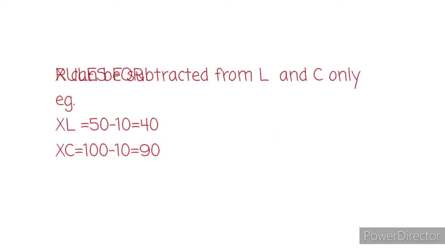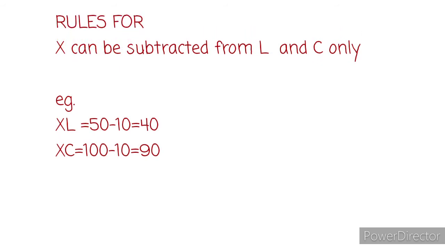Next rule, for X: X can be subtracted from L and C only. That is, X, which represents 10, can be subtracted from L and C, that is 50 and 100, only. So XL represents 40, XC represents 90.